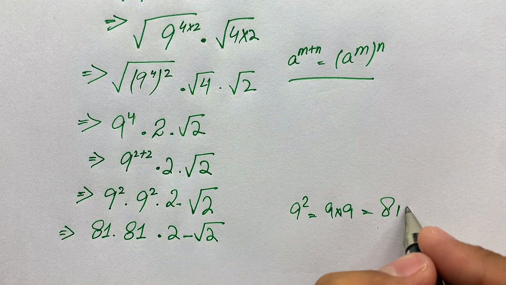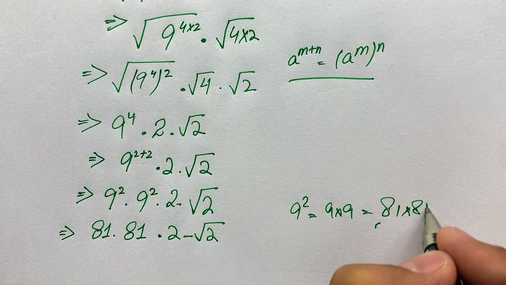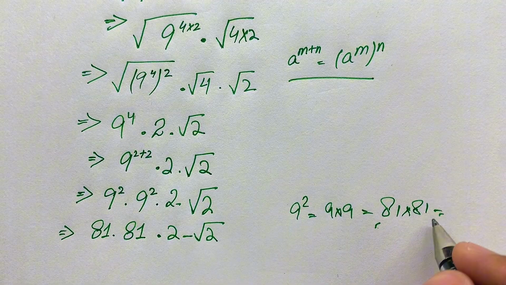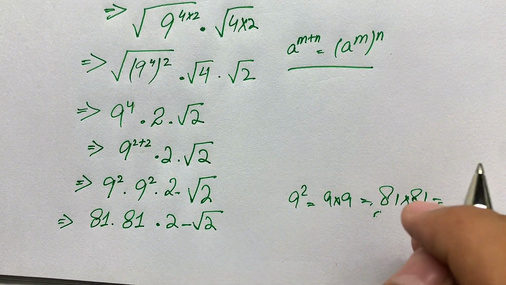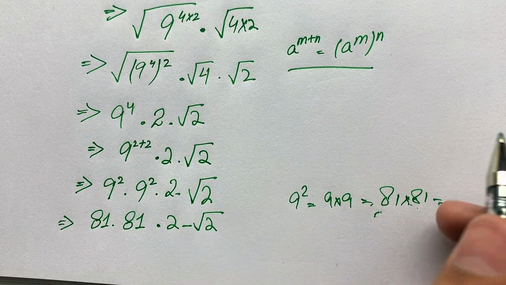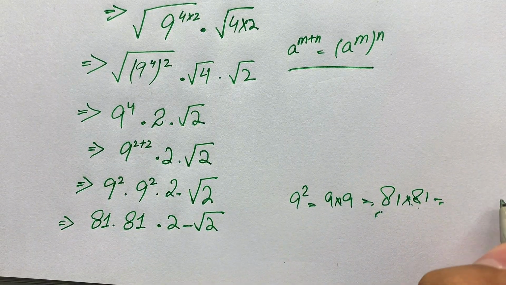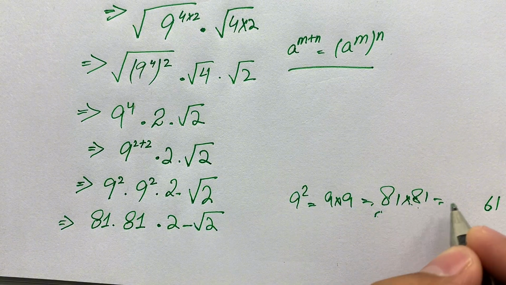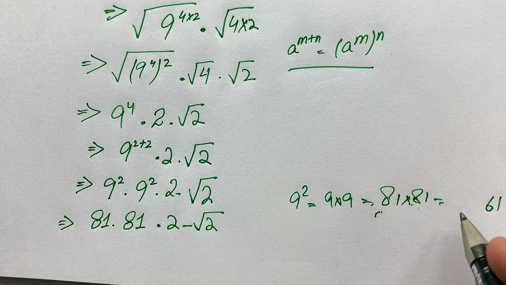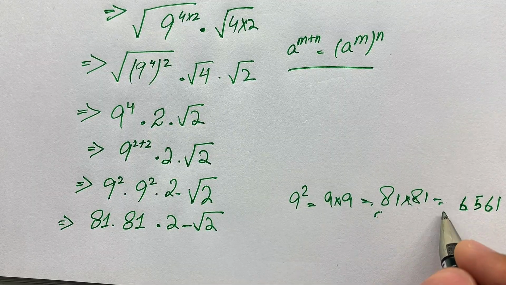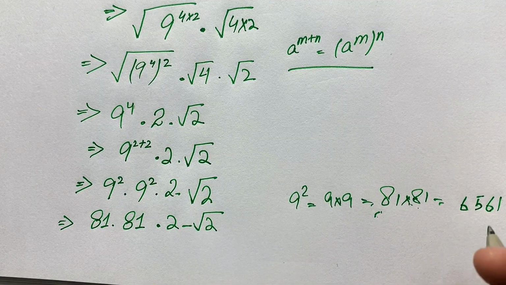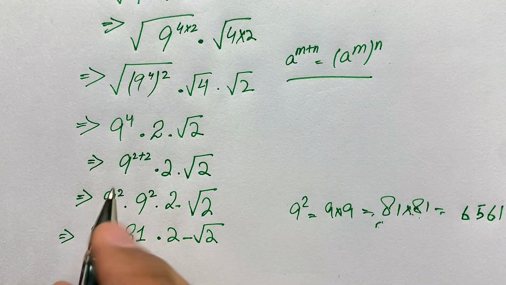81 multiplied by 81, that is equal to 81. After multiplication we get 6561.